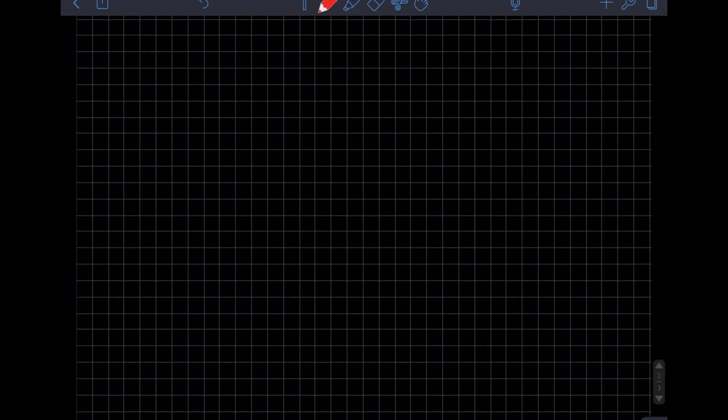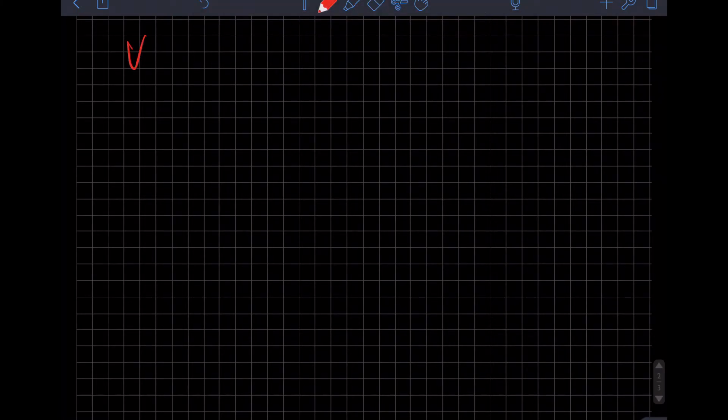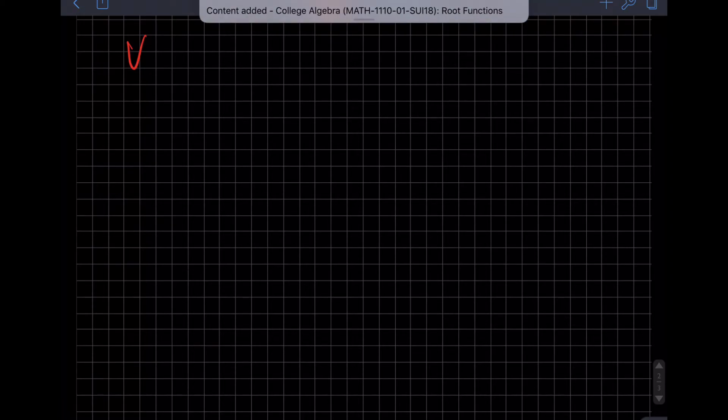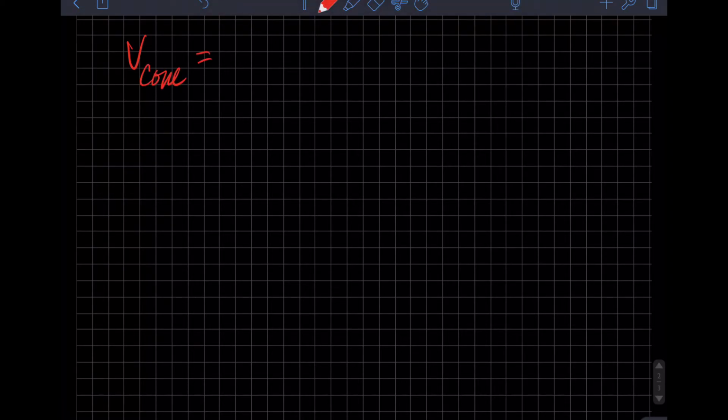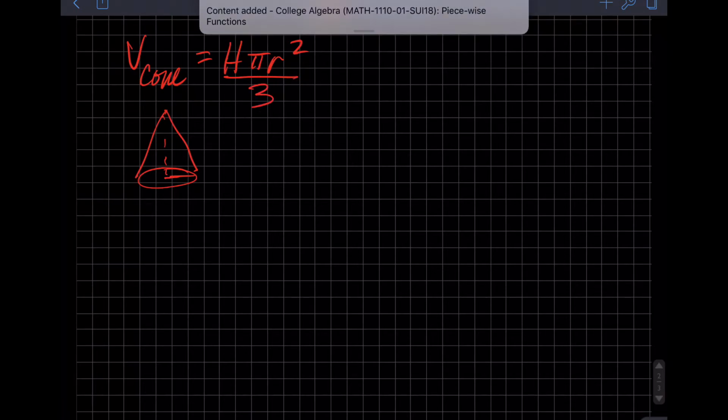But variation can come in different forms. So for instance, you definitely know that the volume of a cone is equal to the height of that cone times the area of the base, which is a circular base. Hopefully you remember this from geometry, which is pi r squared, and all of that divided by 3.